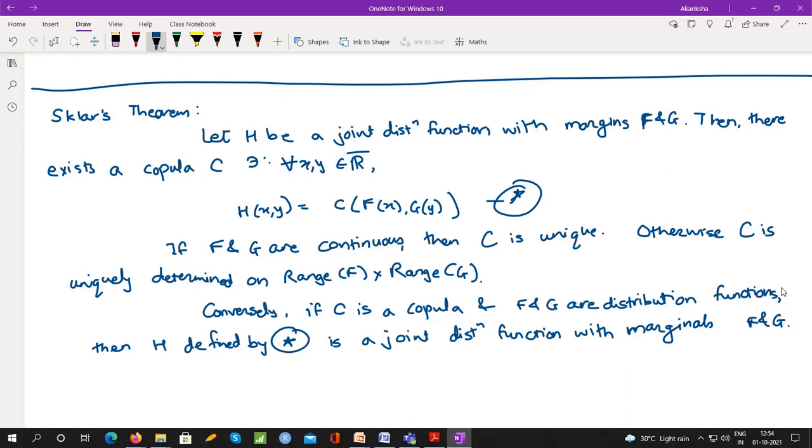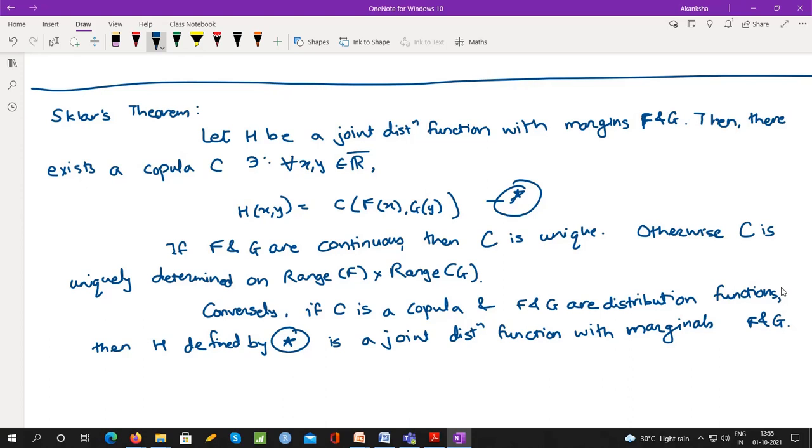Okay, so the domain of C, if you take as range of F cross range of G, you can uniquely determine it. And now the converse is also there, means if you have two marginal distribution functions and you want to construct some joint distribution functions from them.